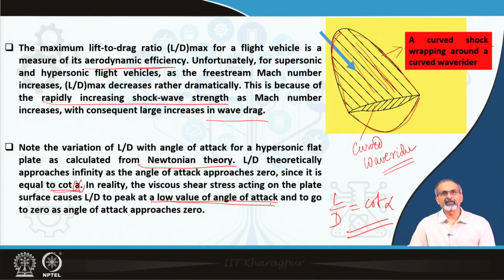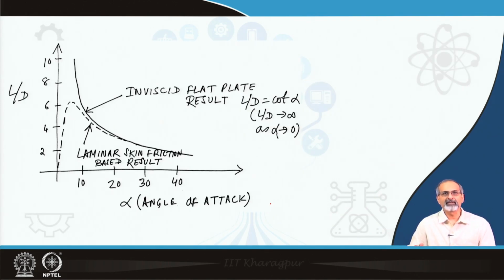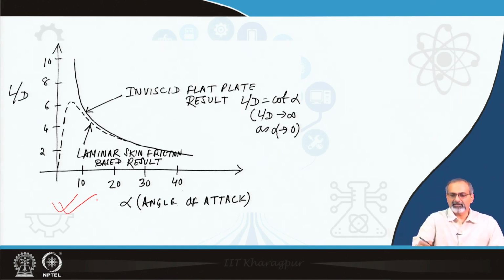So, these are some of the facts that we know from basics, and we are trying to plot one of those results here. We just talked about the flat plate behavior. Why we are talking about the flat plate is that it is the simplest geometry we can think about, from where we can extend the concept to a wave rider later, and the simplest geometry gives us the L by D variation of cot alpha.